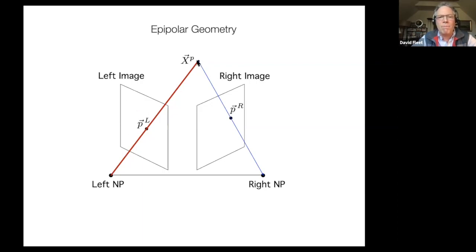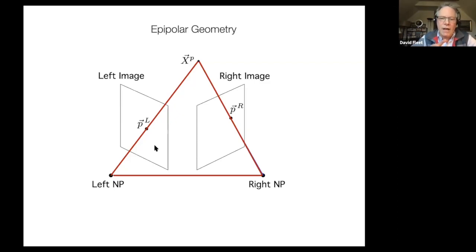Okay, and that same point also projects through the right nodal point and appears at the intersection of that ray and the right image. And those two rays define a plane. And that plane includes the point in the world and the two nodal points. It also includes the two image points, and that's called an epipolar plane.